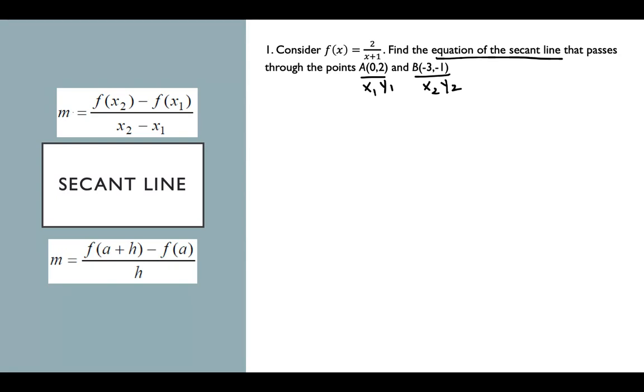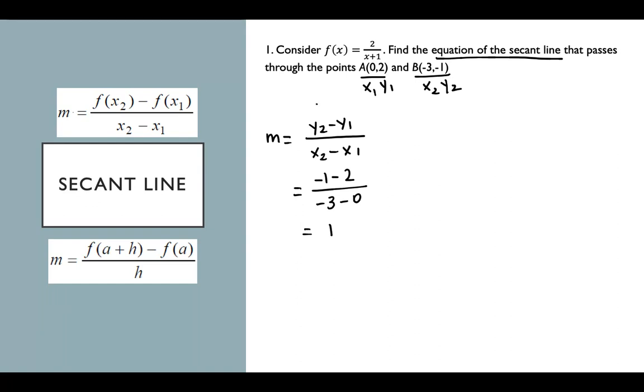So we're given 2 points, so we can use m is equal to y2 minus y1 over x2 minus x1, which is -1 minus 2 over -3 minus 0, which is 1.